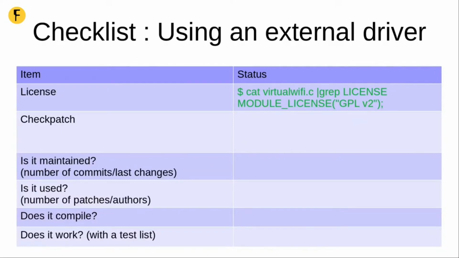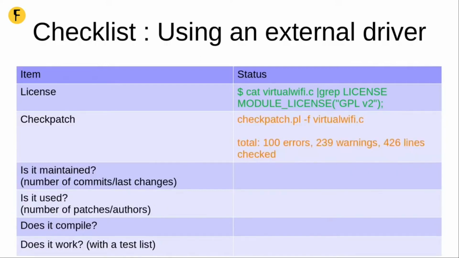Then we go to CheckPatch, and then we have a surprise. 100 errors for 400 lines of code, that is much, right? So I looked into the details, and it wasn't hard to find. It's mostly the formatting errors, pretty simple to fix.